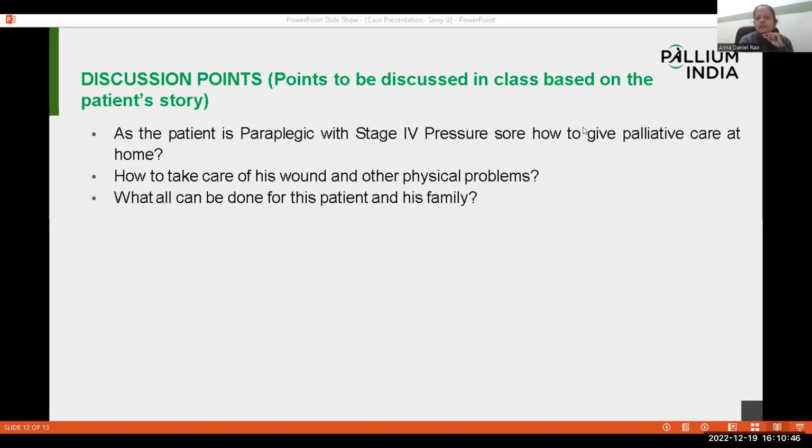Imagination. Many of the problems we have to imagine that the patient might be suffering with. Worry is there. He is not able to do activity of daily life without help. Right? So right from the morning till he goes to sleep, he is always in the bed or in the wheelchair.